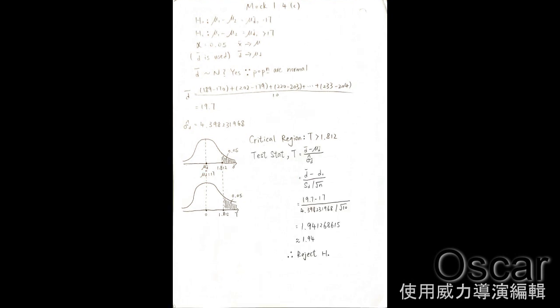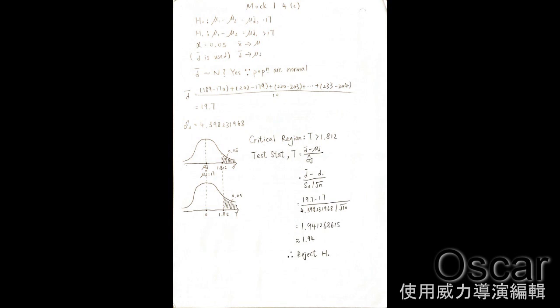We are going to use the test statistic formula, which equals the difference of weight before and after minus the difference of mu, over the estimated standard deviation of the mean difference. Here, the estimated standard deviation of the mean difference equals the sample standard deviation over the square root of the sample size.